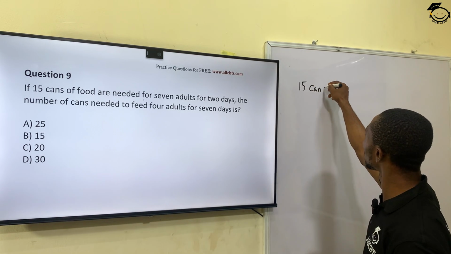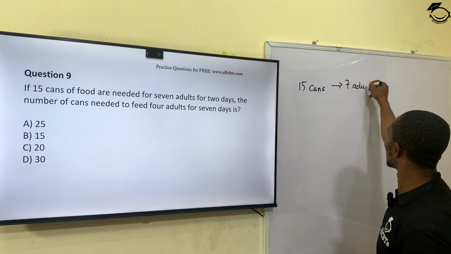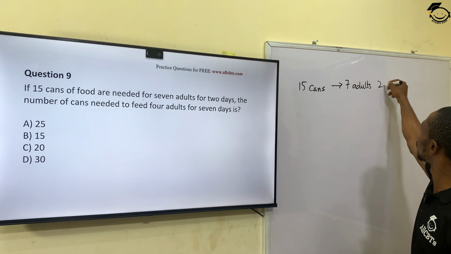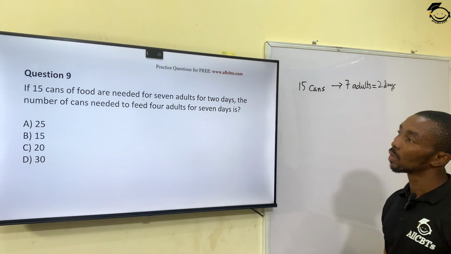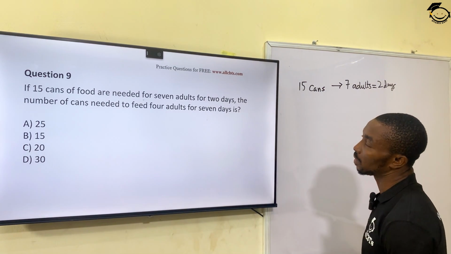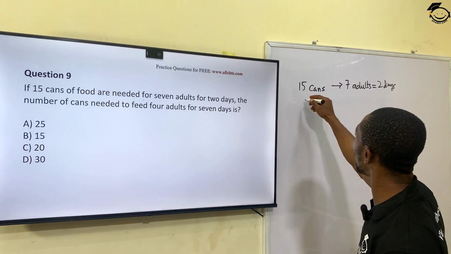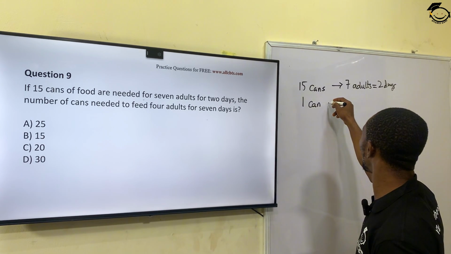If 15 cans of food are needed for 7 adults for 2 days, now we have 15 cans, 7 adults, 2 days. All right, now the number of cans needed to feed 4 adults for 7 days would be, now, so for 1 can, all right, let's do 1 can.